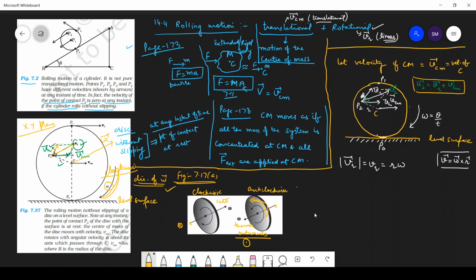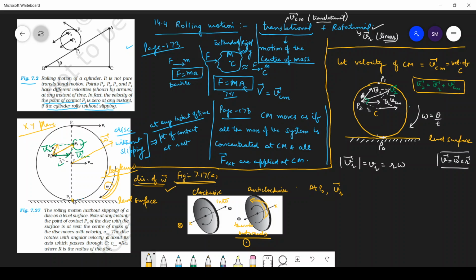Now at P naught, the linear velocity VR, which is due to the rotational motion, is directed exactly opposite to the translational velocity VCM at P naught.